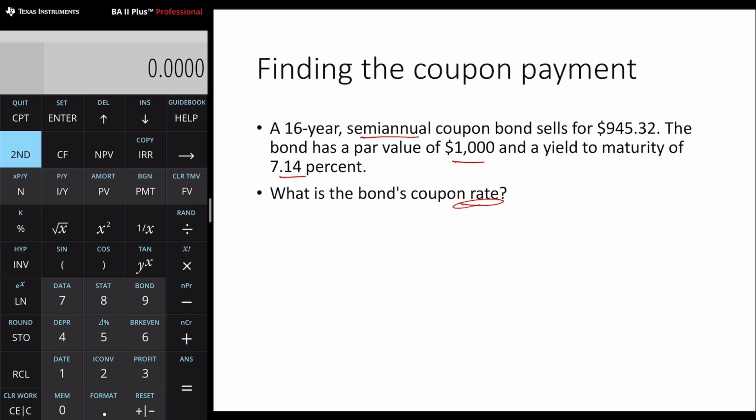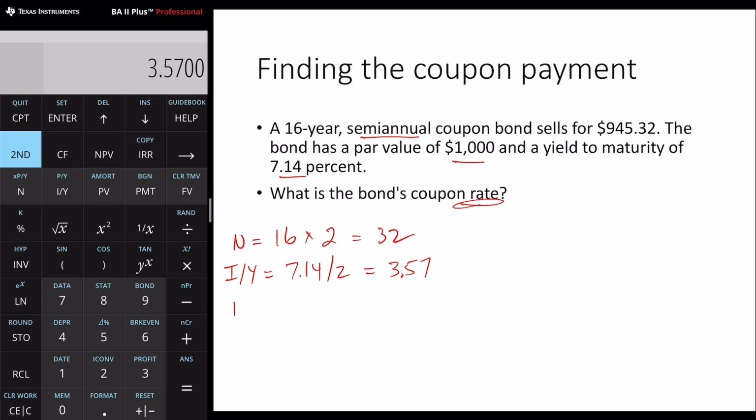All right, so N is the maturity, 16 multiplied by 2 equals 32, right? I over Y is given to us. It has a yield to maturity of 7.14. That's an annual number. We divide it by 2 for every 6 months. That is 3.57.